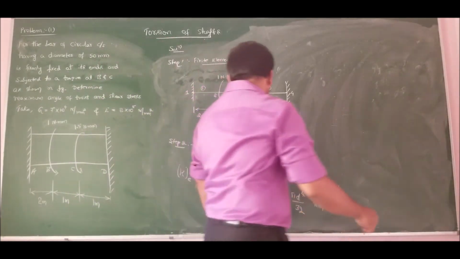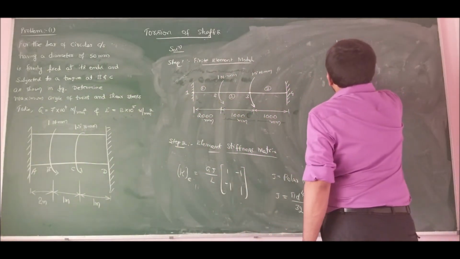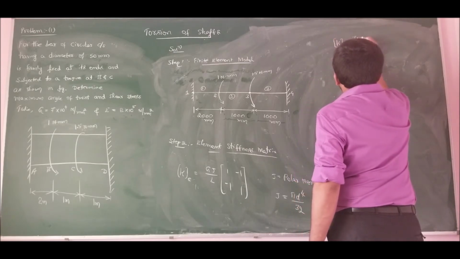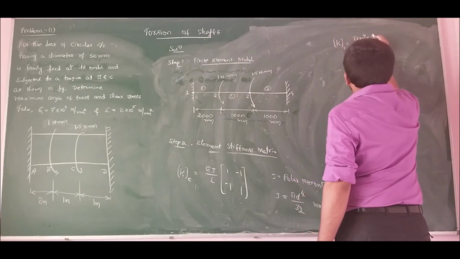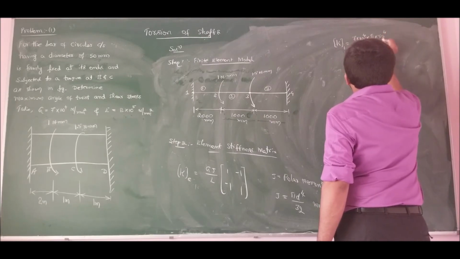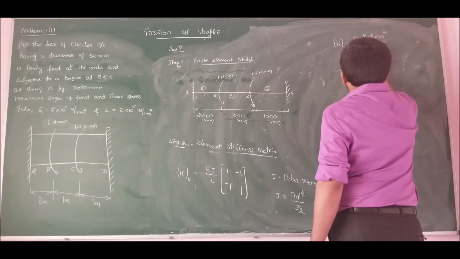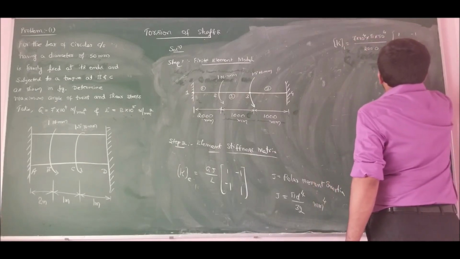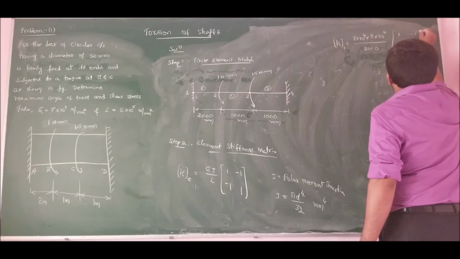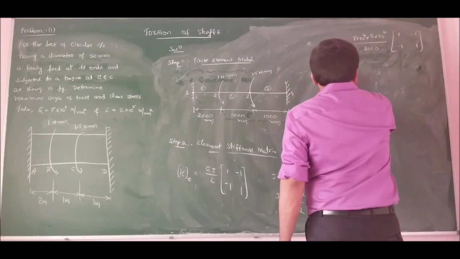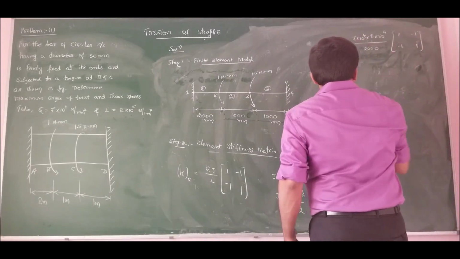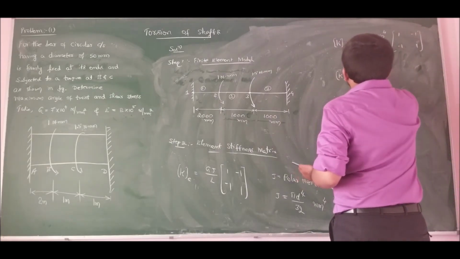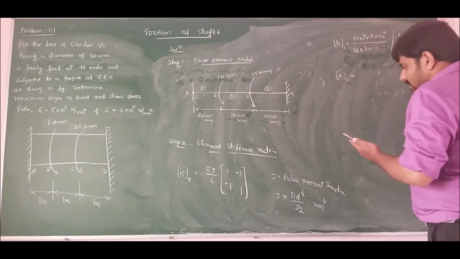As you know the formula, if I put in and solve for element 1, G is 7 into 10 to the power of 4 and J is pi into 50 to the power of 4 divided by 32, with length 2000, times the matrix [1 -1; -1 1]. If I substitute and solve, the value for K1 will be pi 50 to the power 4 by 32 into 2000.